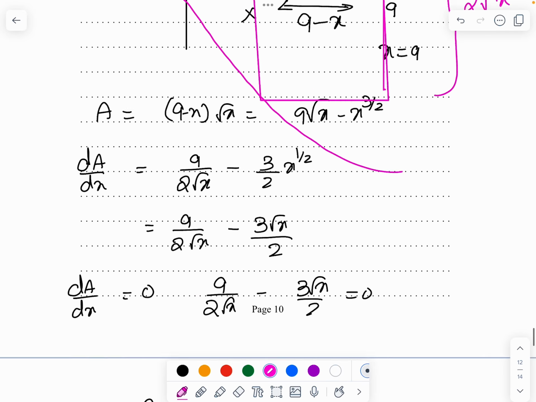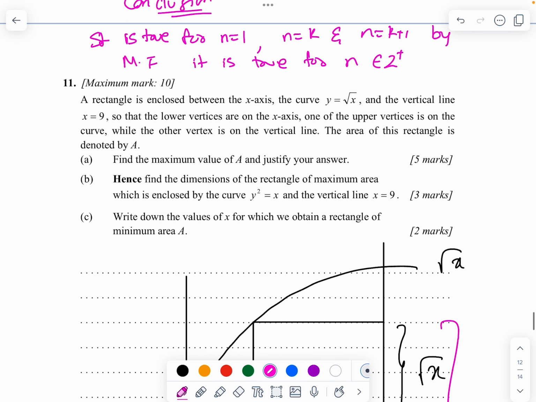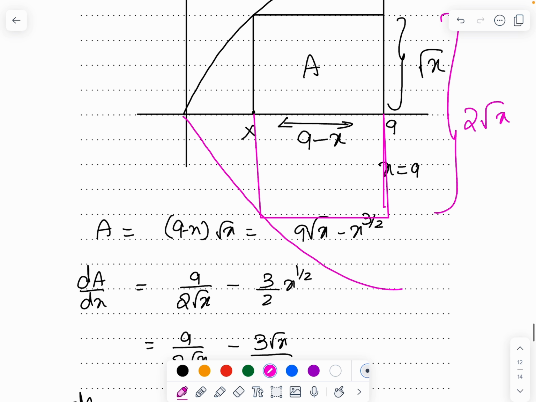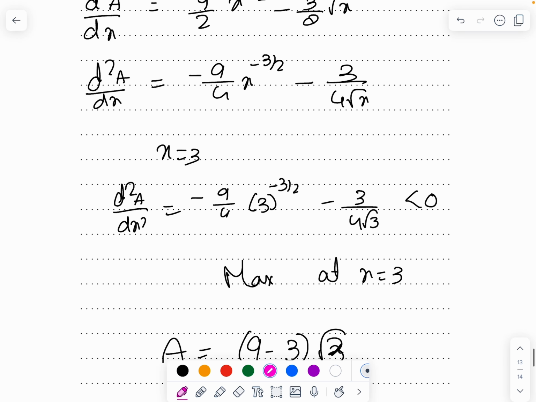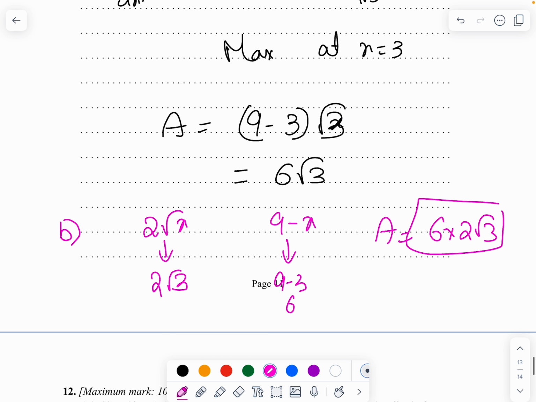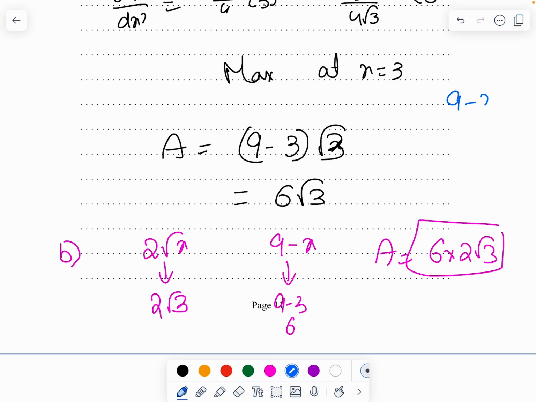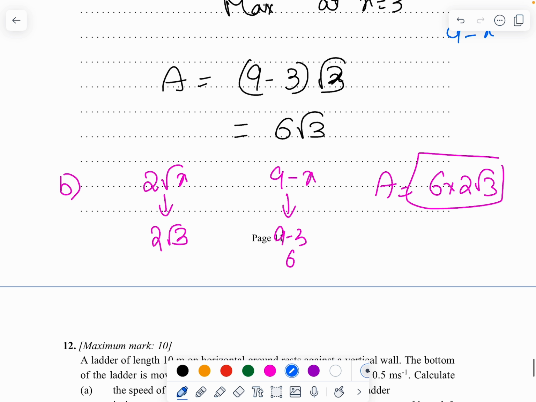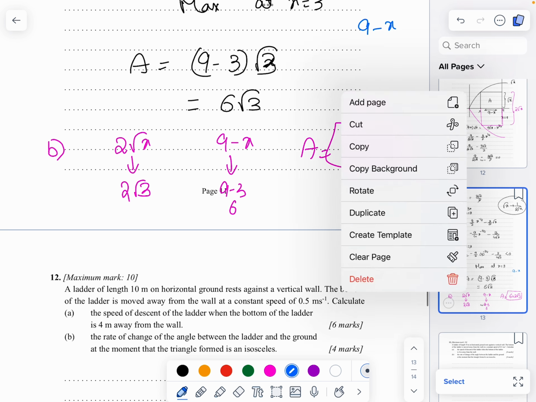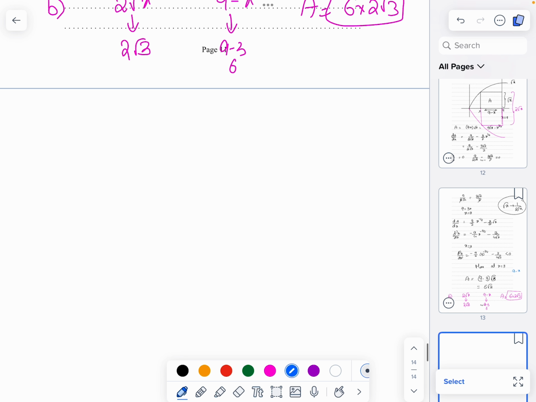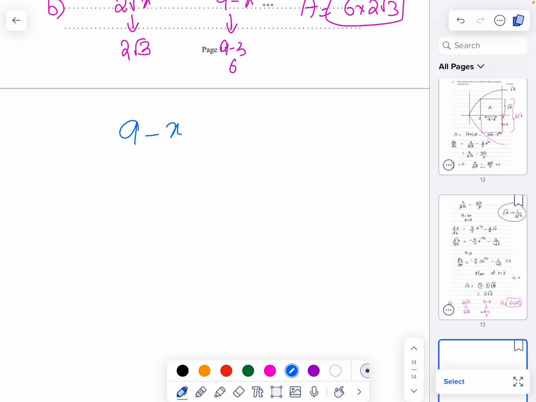Next, part C. Write down the values of x for which we obtain the rectangle with the minimum area. So we come to know that the basic thing is 9 minus x.